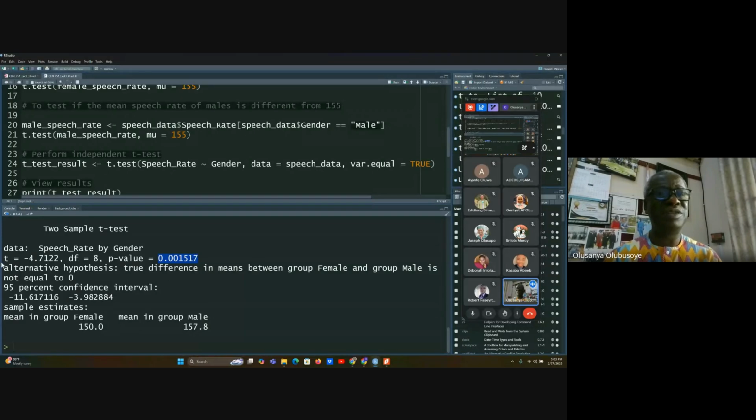And therefore, the alternative hypothesis, which says the true difference in means between group female and group male is not equal to 0, holds, which means there is a difference between these two groups. And then you can see the mean for the female group and the mean for the male group, as earlier mentioned.